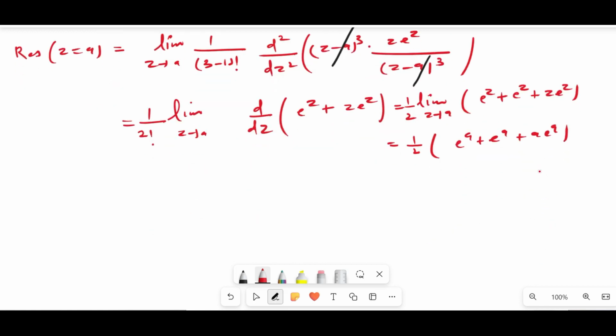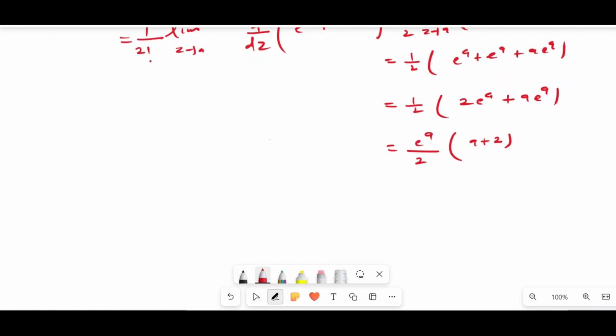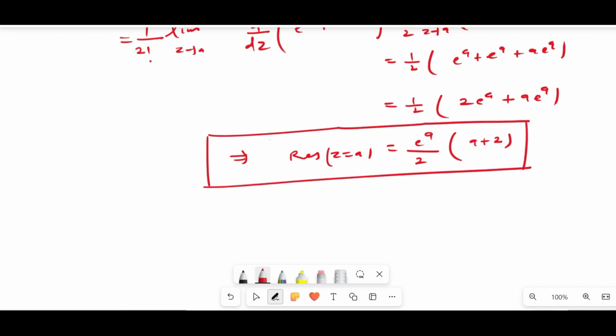So as we can see, this is equal to 1 by 2, 2 times e to the power of a plus a e to the power of a. So take e to the power of a as common, and it will give 1 by 2 e to the power of a times (2a plus 2). So it implies the value of the residue at z is equal to a is this, and this is our final answer.